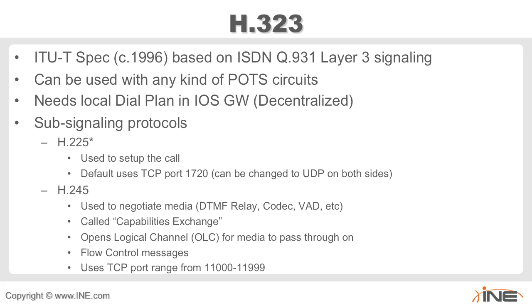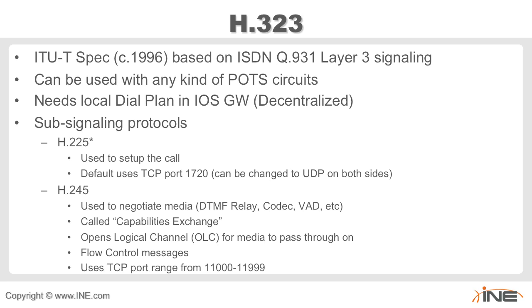So H.323 is based on and still contains Q.931 signaling in its H.225 call setup. It doesn't need to be based on the layer 2 format because IP is a layer 3 only protocol. Layer 2 is handled by whatever layer 2 mechanism IP is going over, whether it's PPP or Ethernet or HDLC or Frame Relay or whatever.